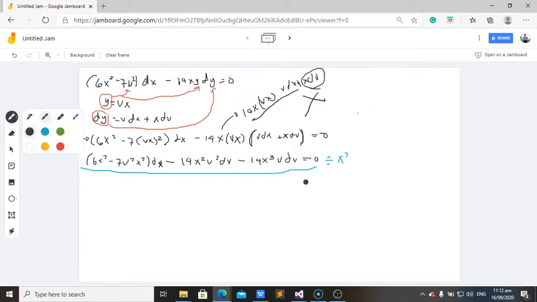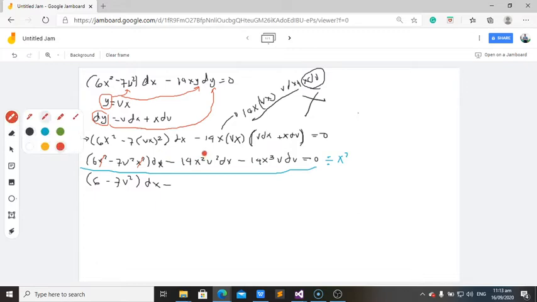So, kini 6x squared divided by x squared, that is only 6 na lang, di ba? Then 7v squared over x squared divided by x squared, so mawa na ning x squared. So let me write this one. So kini mawa na ni. So ang mabilin is minus 7v squared dx minus, kini obviously mawa po ni, no?